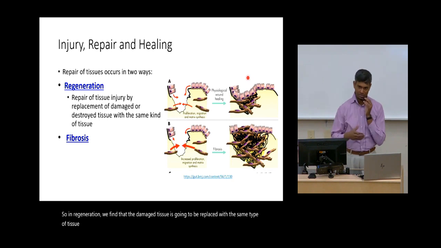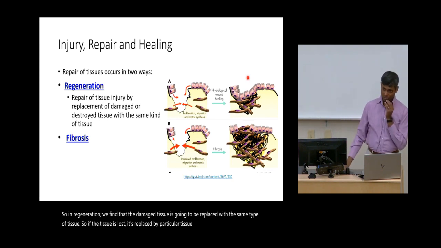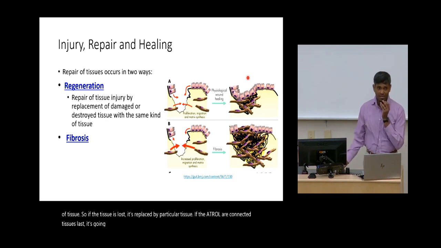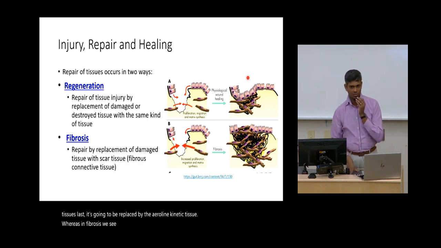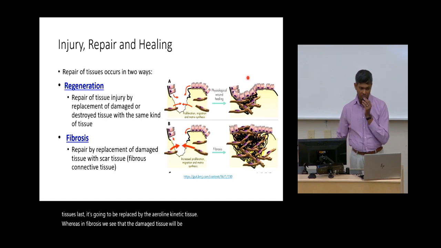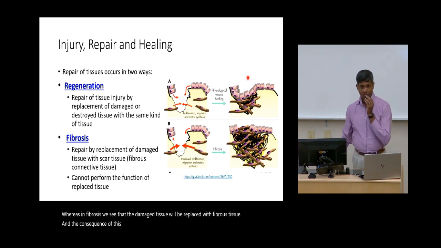So if the epithelial tissue is lost, it's replaced by epithelial tissue. If the areolar connective tissue is lost, it's replaced by areolar connective tissue. Whereas in fibrosis, the damaged tissue will be replaced with fibrous tissue, and the consequence of this is there will be a loss of function.